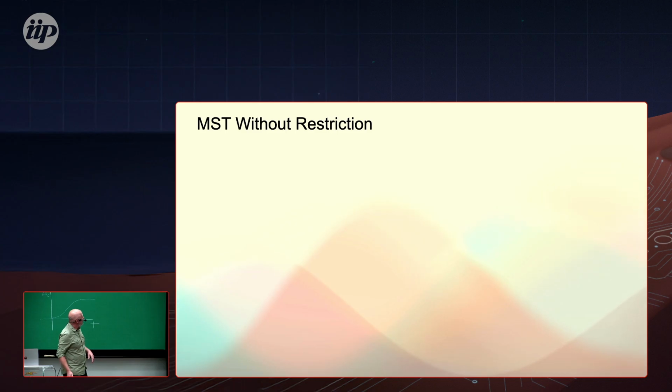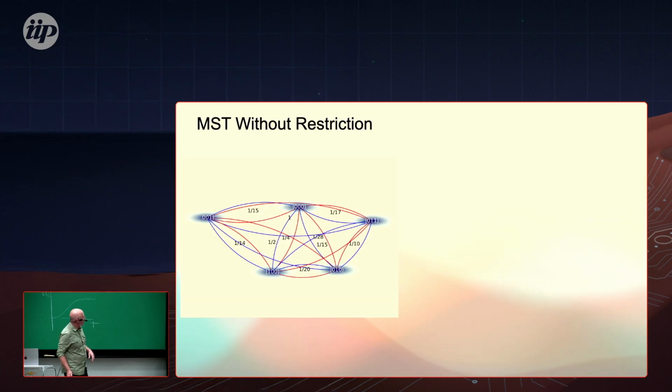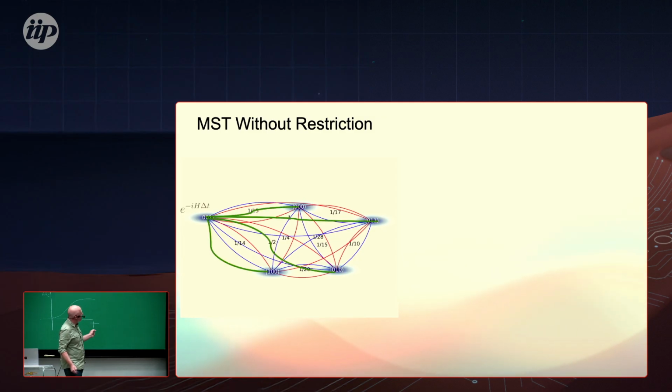And in general, if we go with the minimal spanning tree without restrictions, this is the procedure. We just go with the evolution of the quantum walk starting from the initial node and go to the other ones.